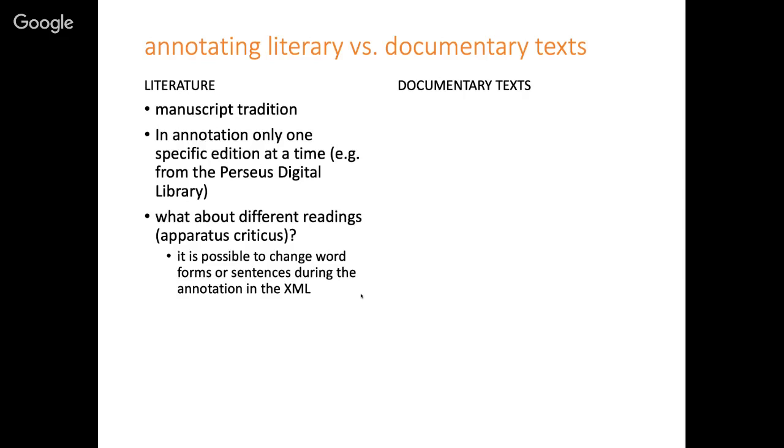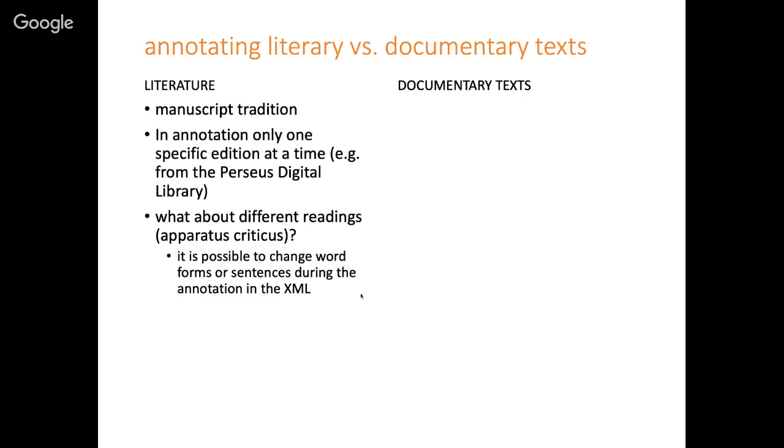We don't have the apparatus criticus there in Perseus Digital Library or other corpora. But if we have a paper edition in our hands with the apparatus, we can also change some words during the annotation if that seems relevant. But usually with literature, people are annotating that certain edition, and that's how it is.